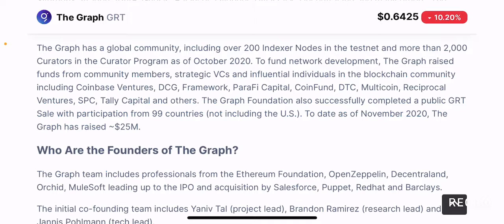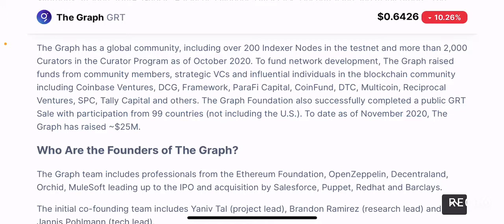The Graph Foundation also successfully completed a public GRT sale, with people participating from 99 countries. Again, if that's not something that you should be really looking into, then I don't really know what else you should be looking into, because a project which has 99 countries that participated in a public sale is a huge feat, right?